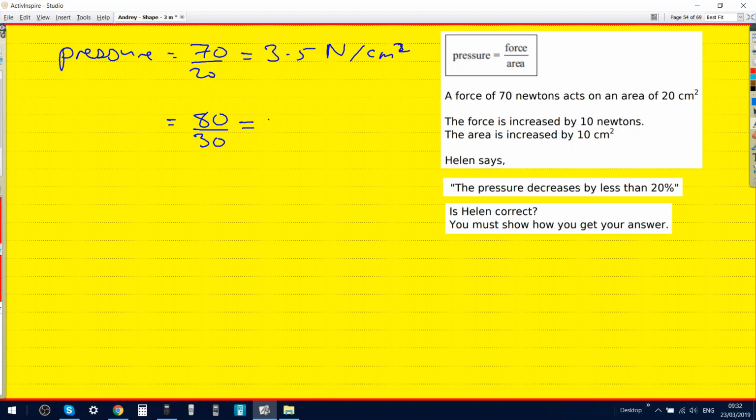So that's whatever. Yeah, 2.6 on our calculator. Okay. And then when the pressure decreases by less than 20%, do you do 3.5 times 0.8?